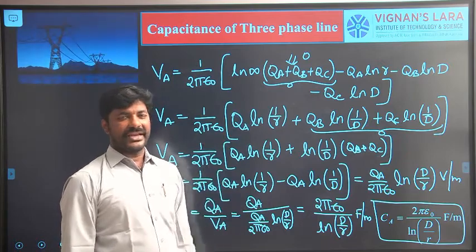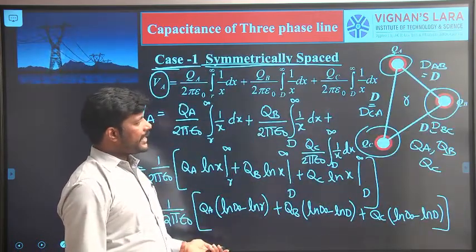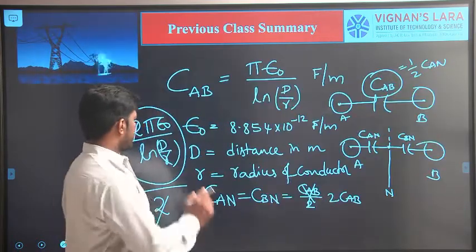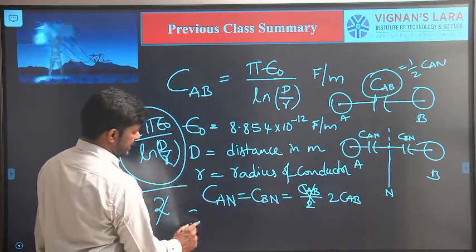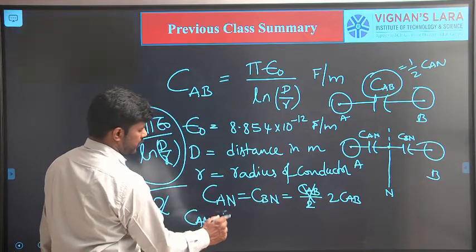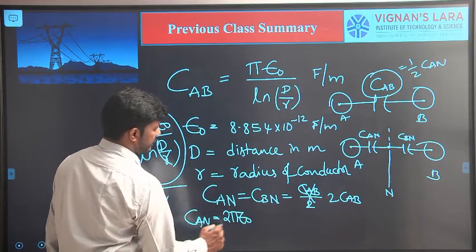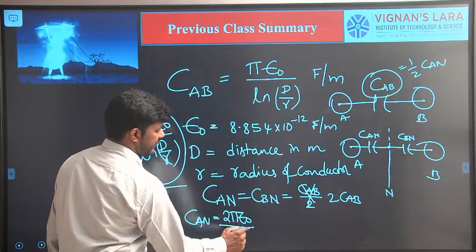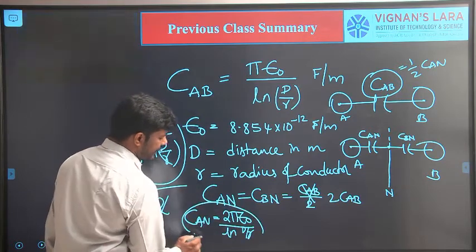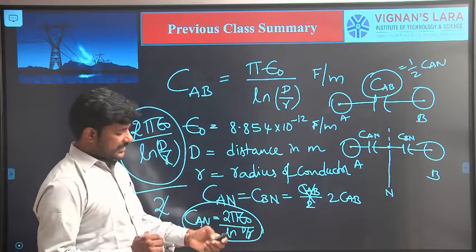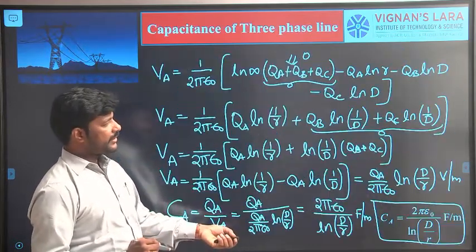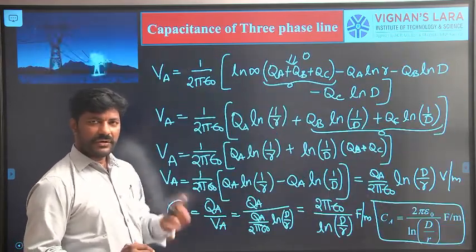In the previous summary, we gave this as the value of CAN: CAN is equal to 2 pi epsilon naught by ln of d by r. So whatever magnitude per phase is available in a single phase system, the same magnitude you are getting in this three phase also for one conductor.